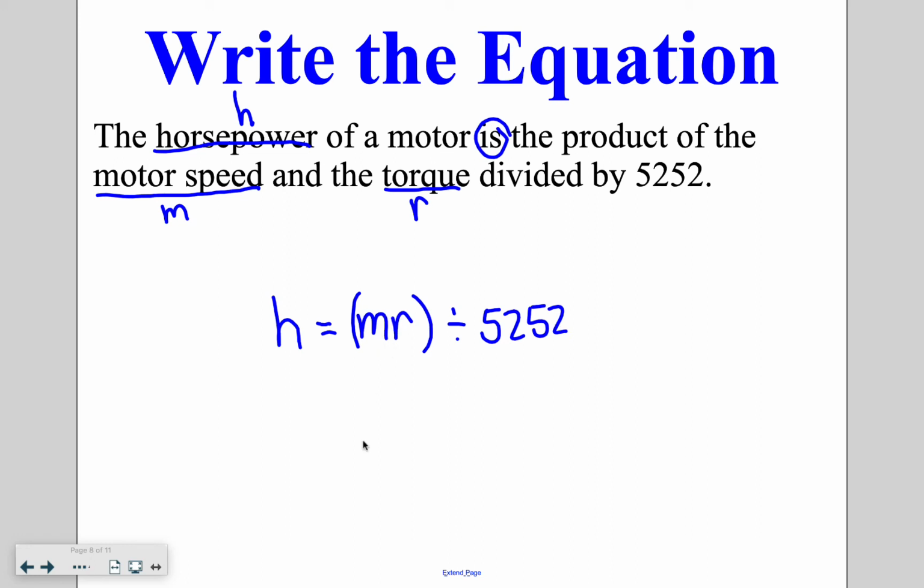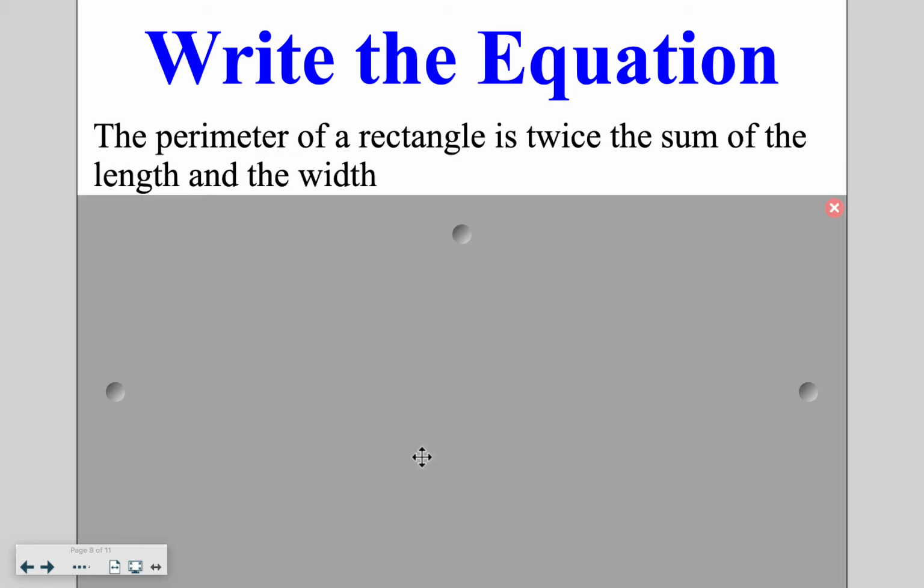If you don't want to put that in parentheses, you could also write it in the fraction form where we've got M and R in our numerator and then the 5,252 in the denominator. The key here is if you have multiple unknowns, you need multiple variables so that you can keep each part of the problem separate. Go ahead and try this one on your own.